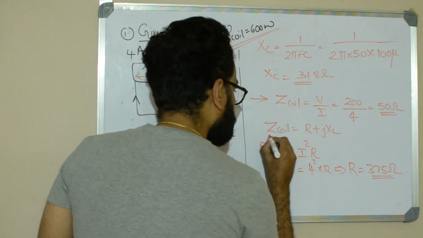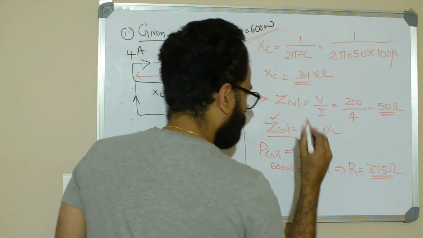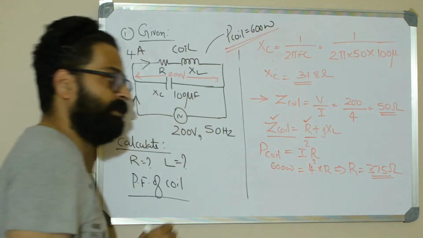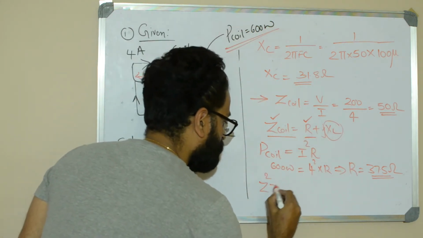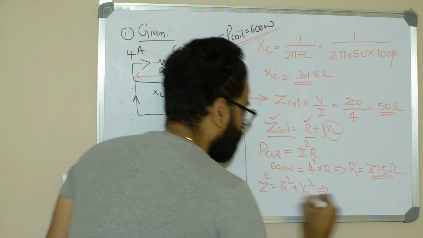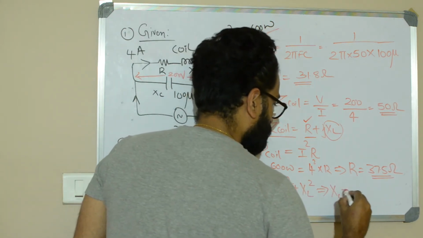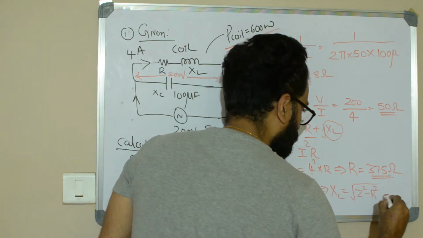So you know Z coil, and you know the resistance. So what you can find is the reactance. We have Z square is equal to R square plus XL square. That implies XL is equal to under root of Z square minus R square.